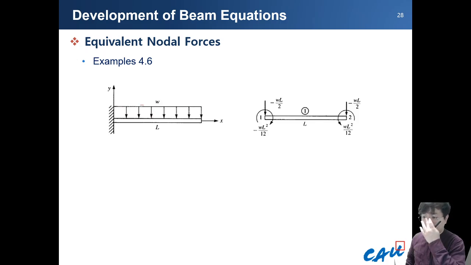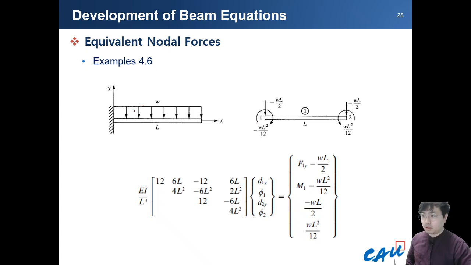We already know how to change it to equivalent nodal forces, which look like this. We are going to use only a single element here, so the local stiffness matrix looks like this, and this is K, and U is the displacement vector.